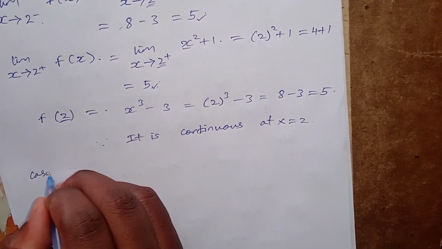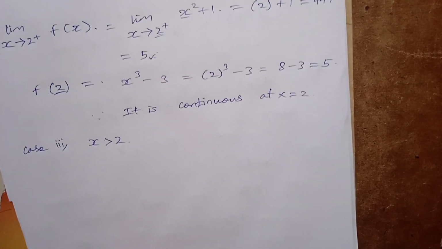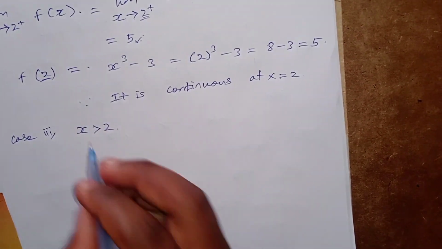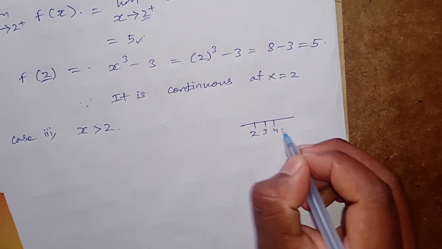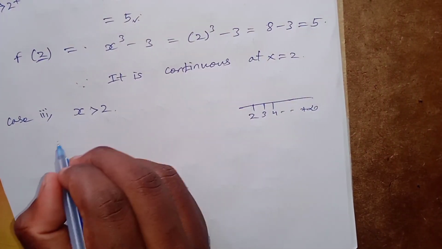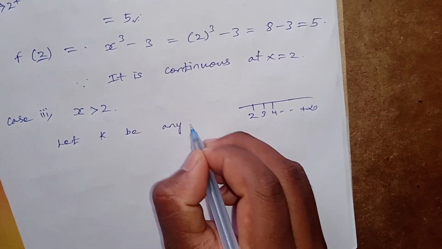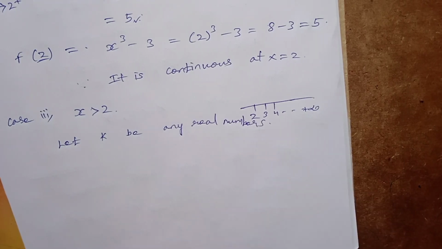Next case 3, here x greater than 2. Okay, less than 2 completed, x is equal to 2 at point we completed. Next x is greater than 2, greater than 2 means 2, 3, 4 up to plus infinity, you can choose any of the values, so I am taking let k be any real number.